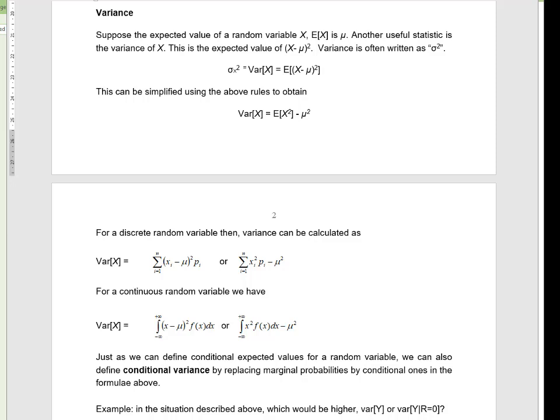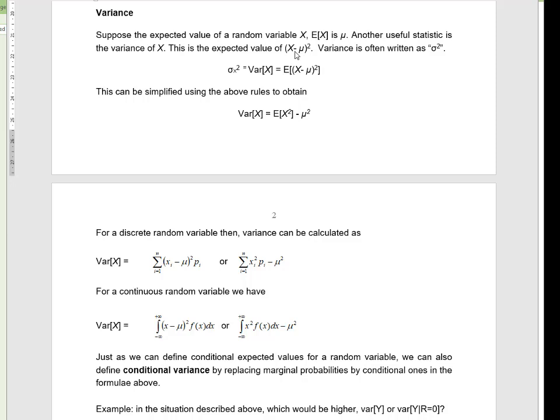Now we're going to look at variance, and this builds on the idea of expected value. So suppose we have a random variable, expected value of x, you can write as mu. Then from that you can get the variance of x, and it's defined in terms of expected value. It's the difference between whatever you're going to get for that random variable minus the expected value.